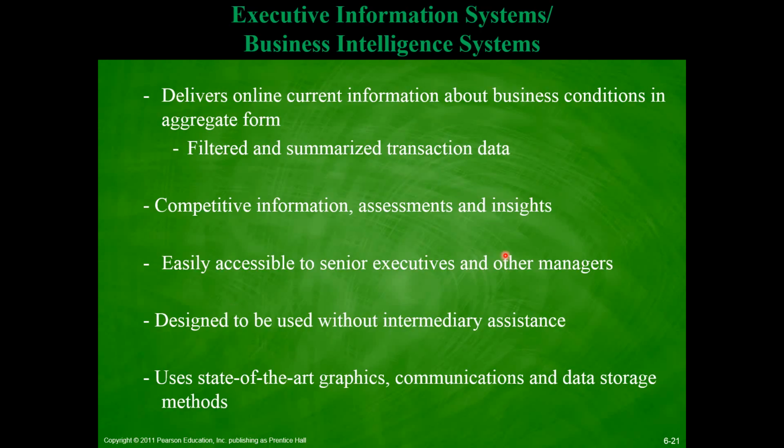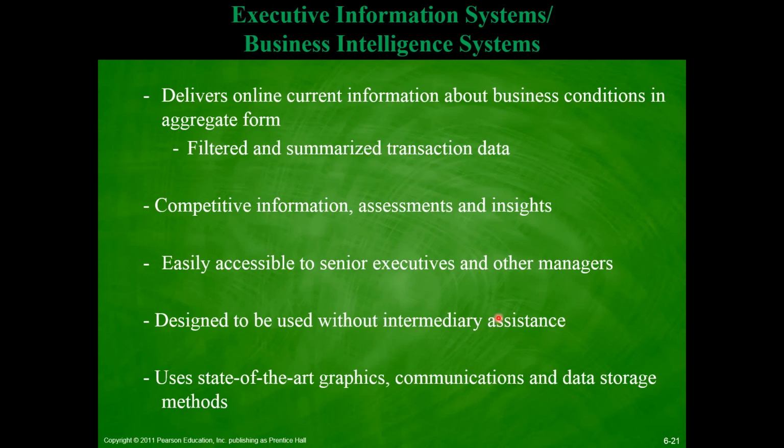One of the most important goals of executive information systems is to make information accessible, meaning easy to understand and analyze for senior managers, because senior managers, as you well know, are very busy, and their job is more on the dimension of leadership and strategy formulation, so they may not have time or abilities to dwell in little technicalities and details.